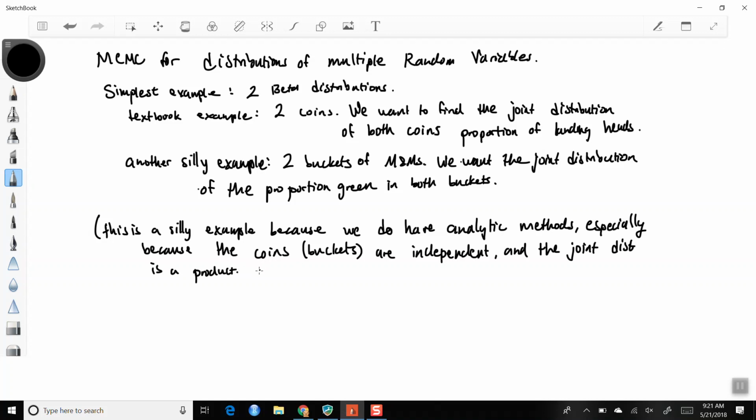But the same concepts can be generalized for non-independent situations.